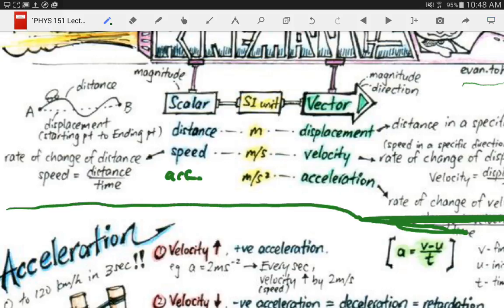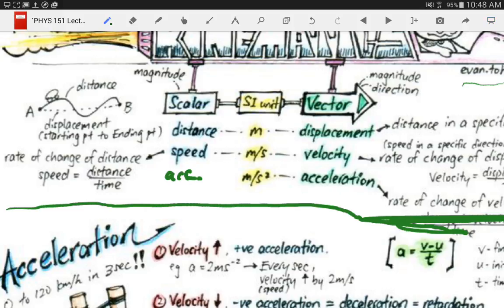You can have acceleration without direction. We still call it acceleration. And so there's no special word differentiating the vector form of acceleration from the scalar form of acceleration. And in fact, in most cases, that's true. There's no special word to tell you if it's a vector or not. The only one that really has a special word to tell you the difference is speed versus velocity. Distance and displacement are slightly different, as we'll see in just a few minutes.